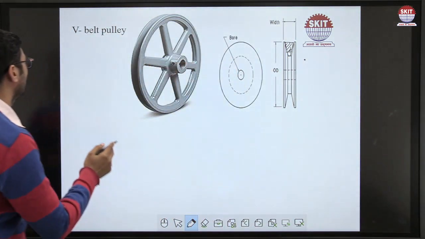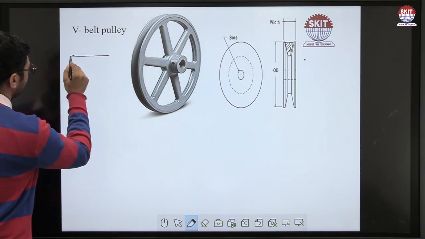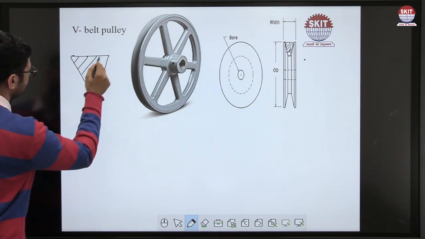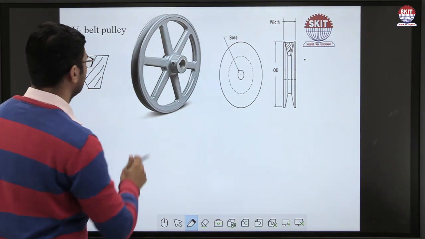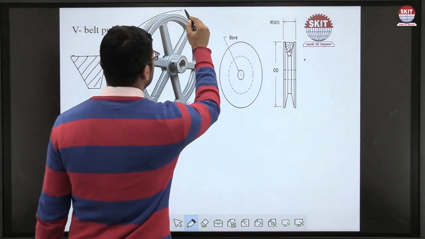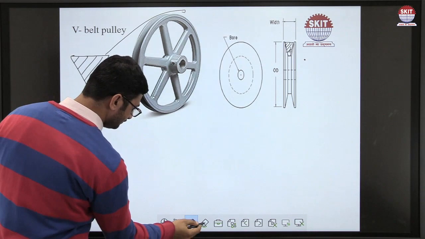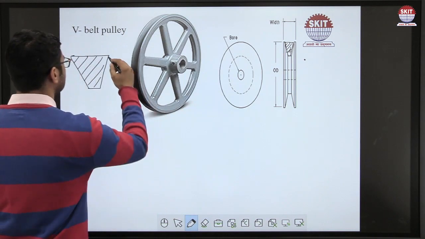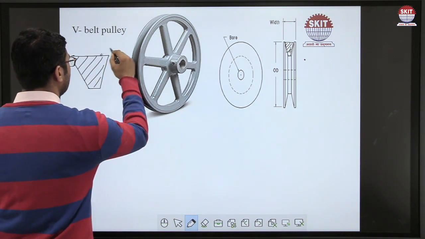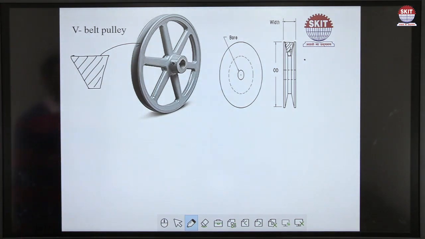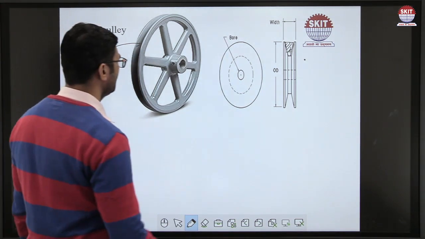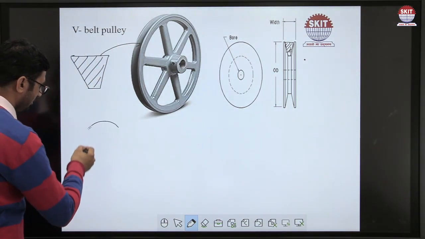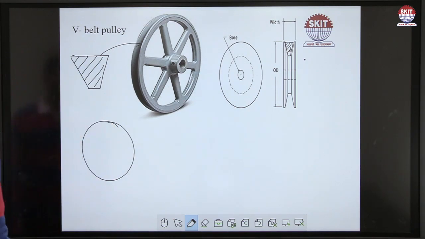The shape of the belt of the V pulley is trapezoid. This V belt is applied on this portion of the V belt pulley. And for diagrams we also use a circle to represent the V pulley.